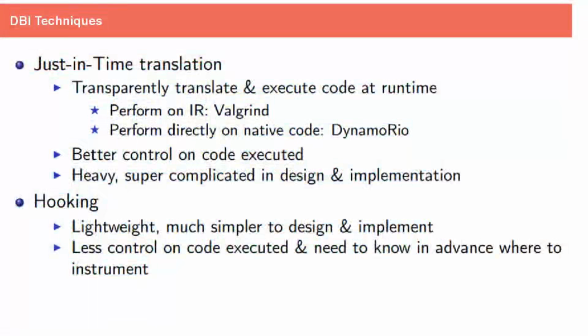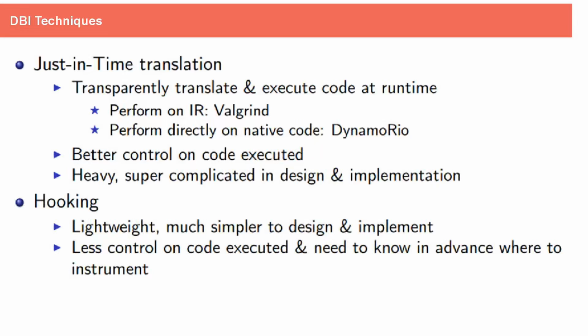Okay, so there are two types of DBI techniques. The first one is just-in-time translation. The idea is that we transform the original code into something else, and we put this transformed code into a temporary buffer, do all the transformation there, and run from the buffer, not from the original place.